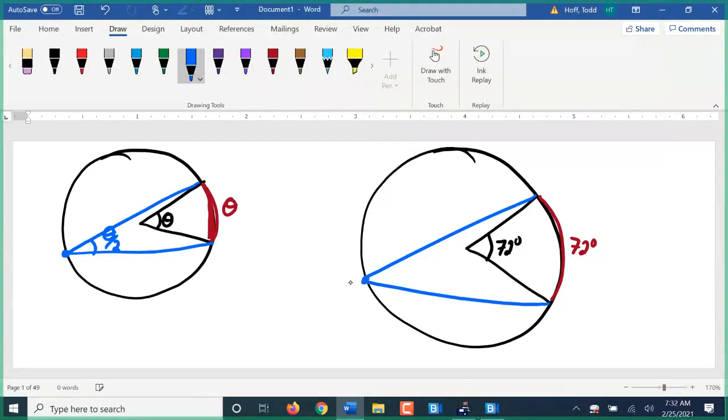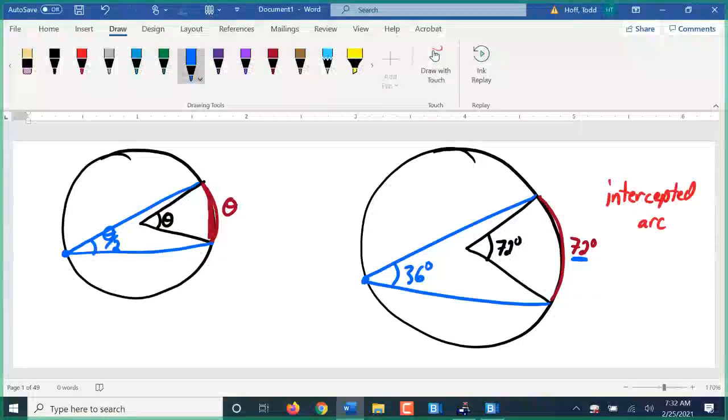So if I make this inscribed angle here, this arc is called an intercepted arc. The angle of this inscribed angle is half of that intercepted arc. So the intercepted arc is 72 degrees. This is a 36-degree angle.